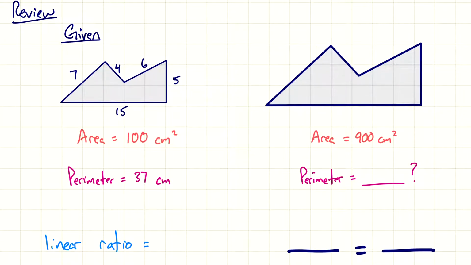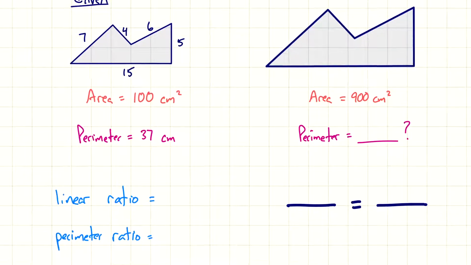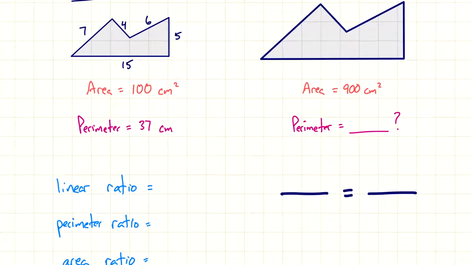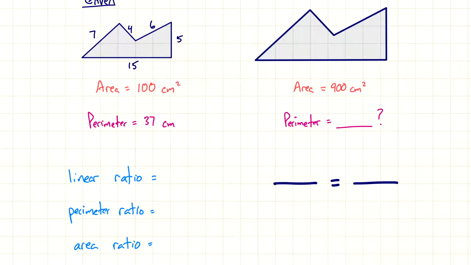So let's look at the basics of what we know. Do we know linear ratio? Do we know perimeter ratio? Do we know the area ratio? Those are the first things I always think about in a problem like this. Linear ratio would mean I know sides from both shapes, which I don't.